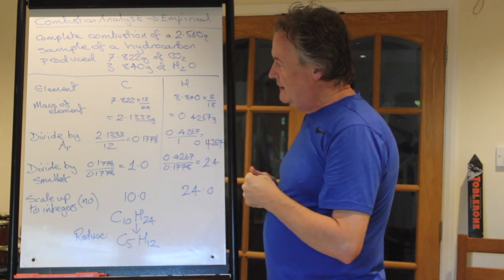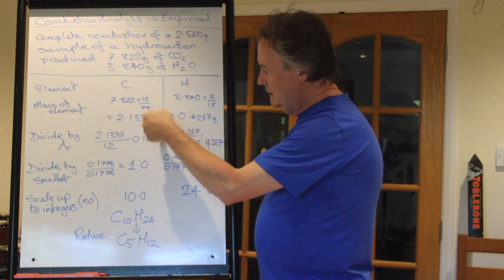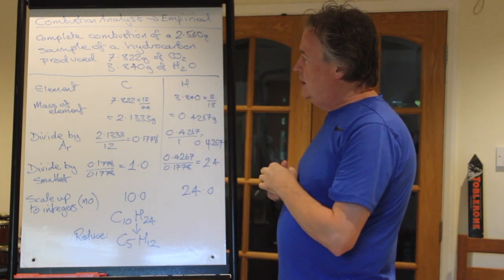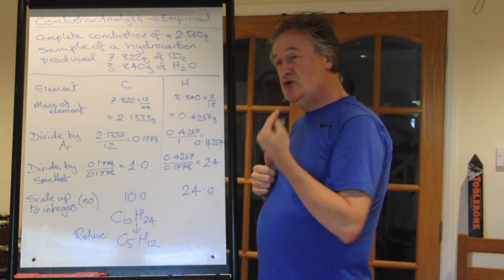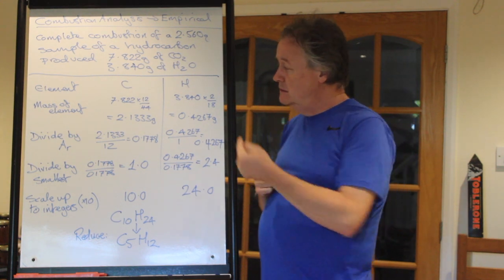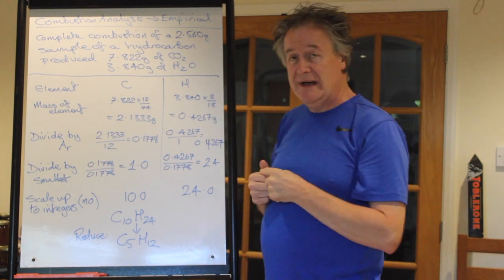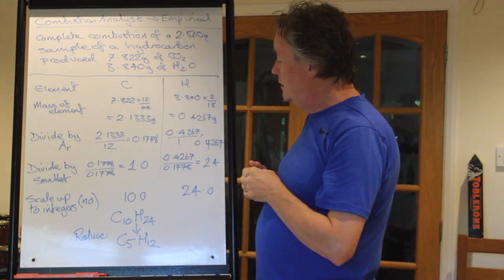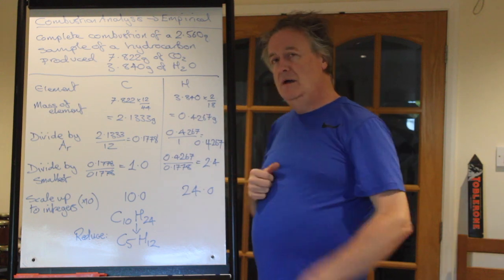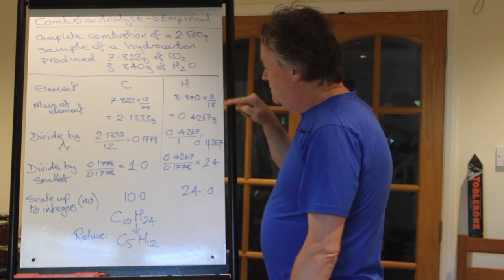So 7.822, 12 out of the 44, and you multiply that, you get the number of grams of carbon. Doing the water, in the formula of water, 2 out of 18 are hydrogen. I've always taught this with 2 out of 18.